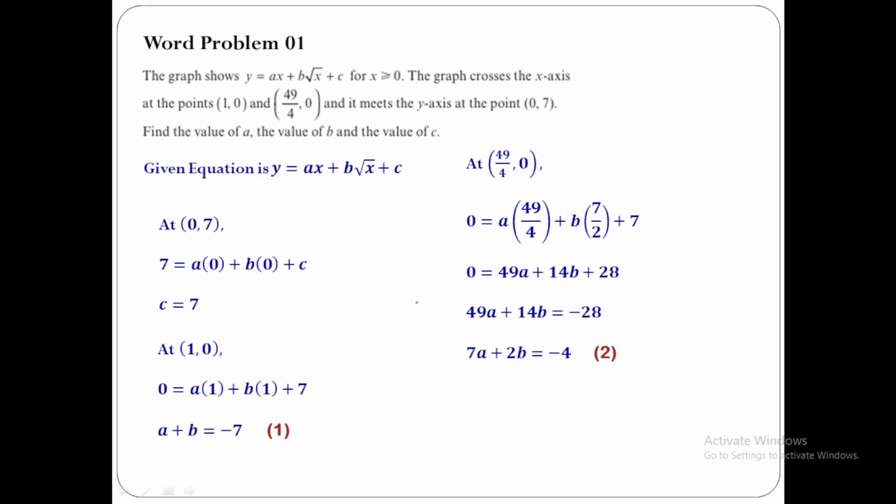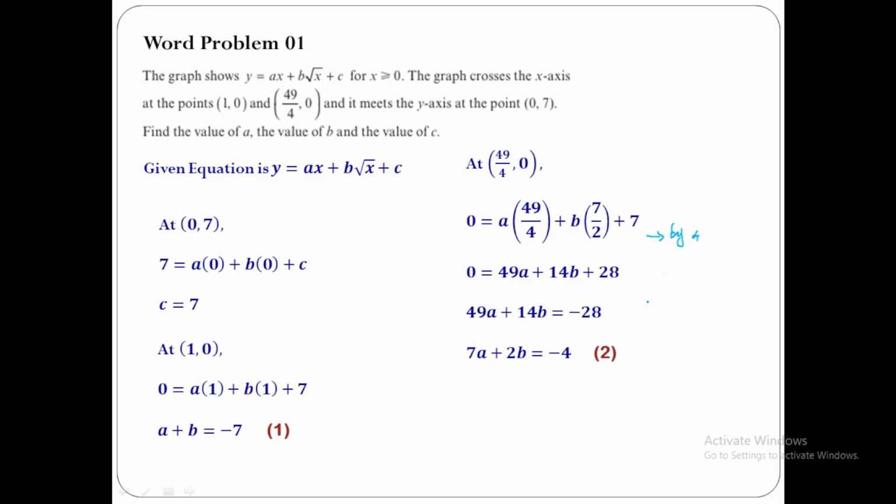Then substitute x as 49/4 and root x as 7/2, and then we multiply this whole equation by 4. We get 0 times 4 is 0, 49/4 a times 4 is 49a, 7/2 b times 4 is 14b, and 7 times 4 is 28.